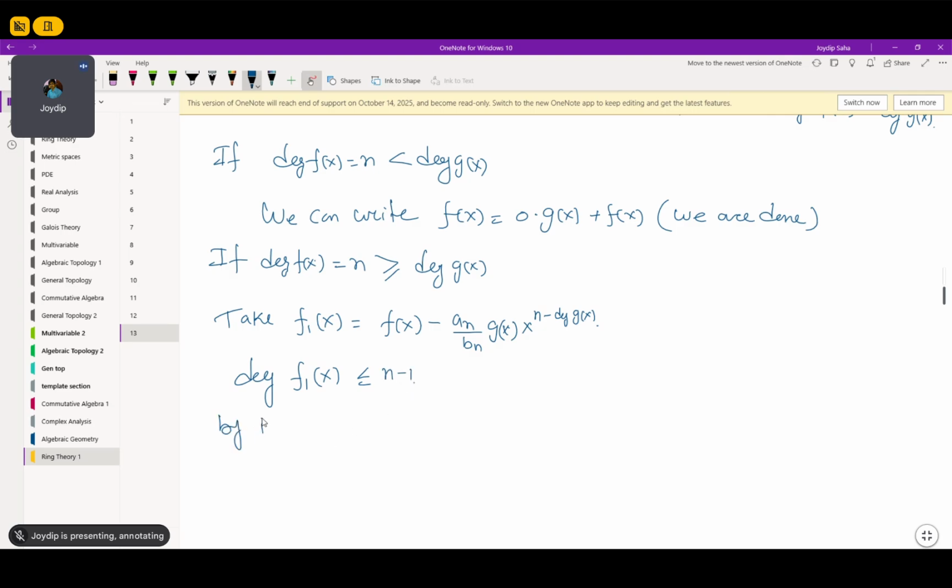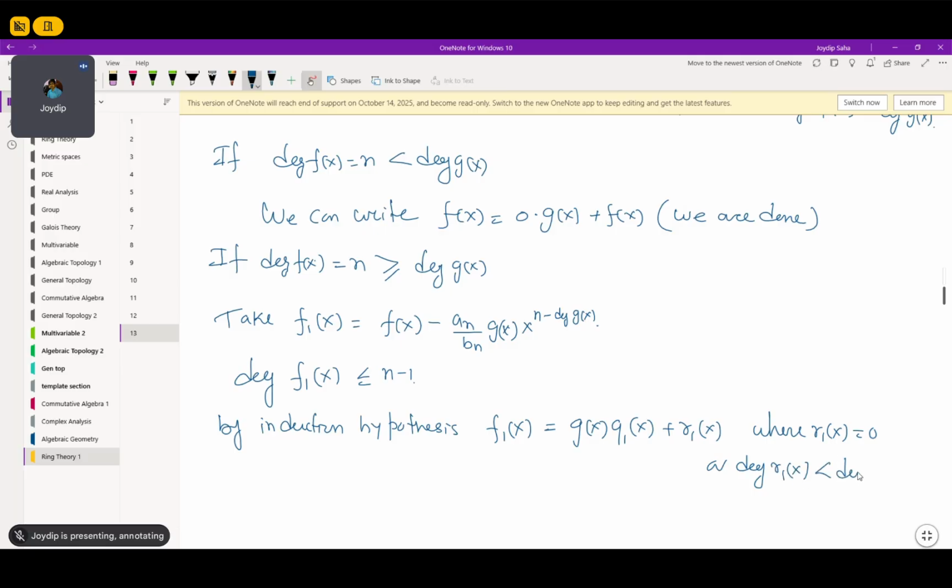By the induction hypothesis, f1(x) can be written as g(x) q1(x) plus r1(x), where r1(x) is 0 or degree r1(x) is strictly less than degree g(x).